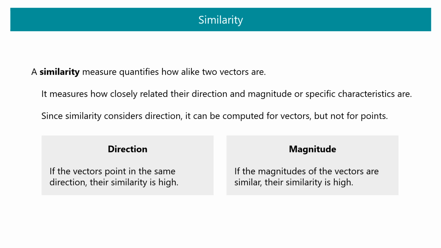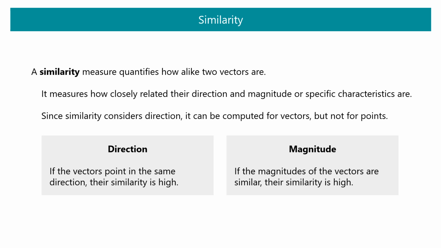A similarity measure quantifies how alike two points or two vectors are. It measures how closely related their direction and magnitude or specific characteristics are. Similarity measures can take relative values, where higher values indicate greater similarity, and lower or negative values indicate dissimilarity. By definition, similarity is quantified based on direction and magnitude.